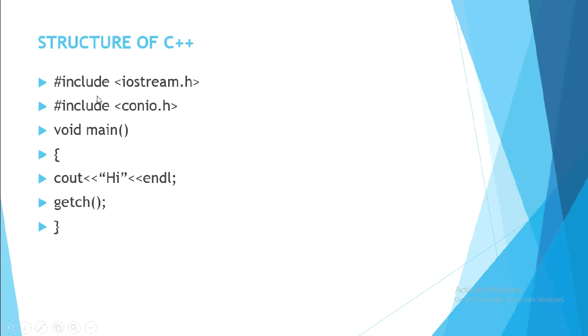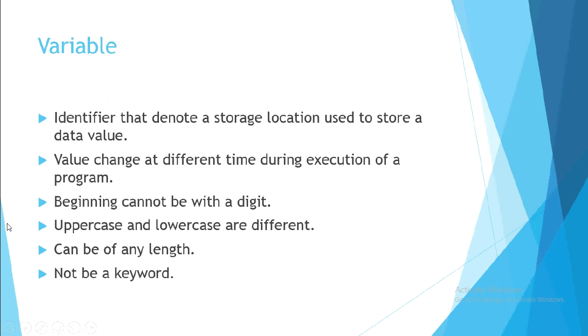For example, if I want to print hi, I write cout followed by the insertion operator. Then whatever you write, you need to write in double quotes. And then endl, this is optional. If you want to print the next thing on the next line, you can use it, otherwise it's okay. Then getch works like a return, and the braces close. So this is the way.